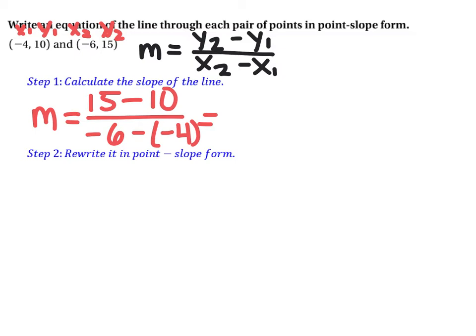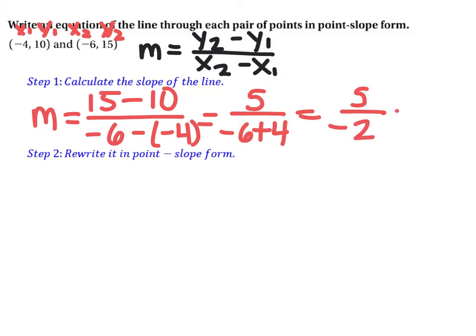If I simplify, 15 minus 10 gives me 5, and this becomes -6 plus 4. This will become 5 over -2, which I could rewrite as -5 over 2.